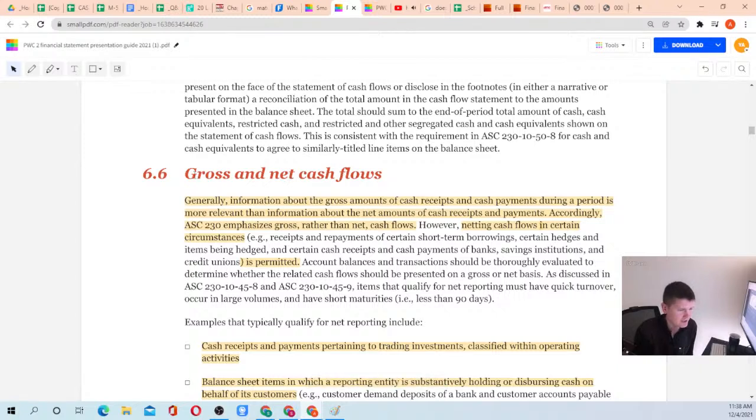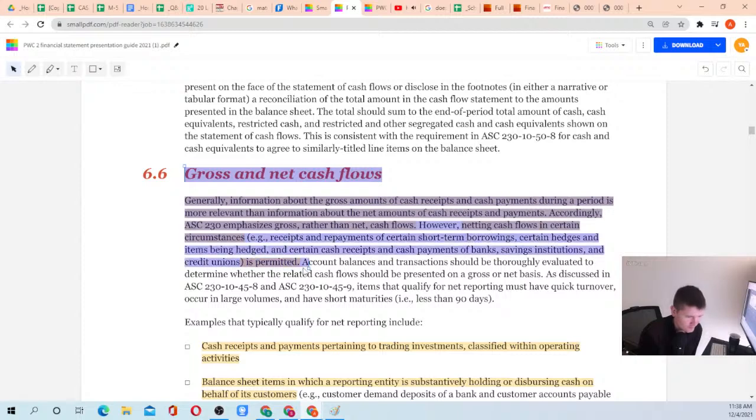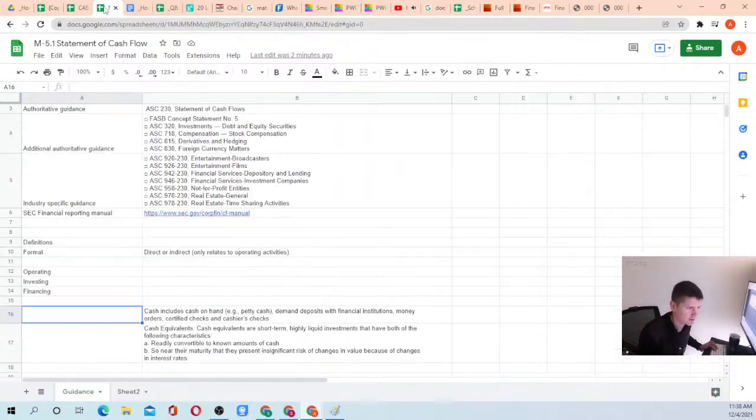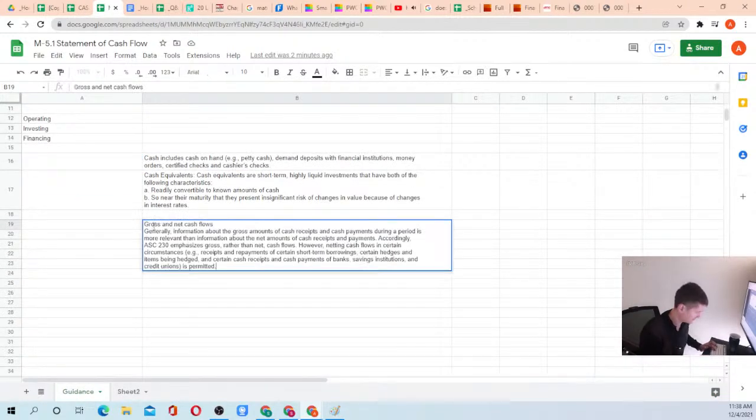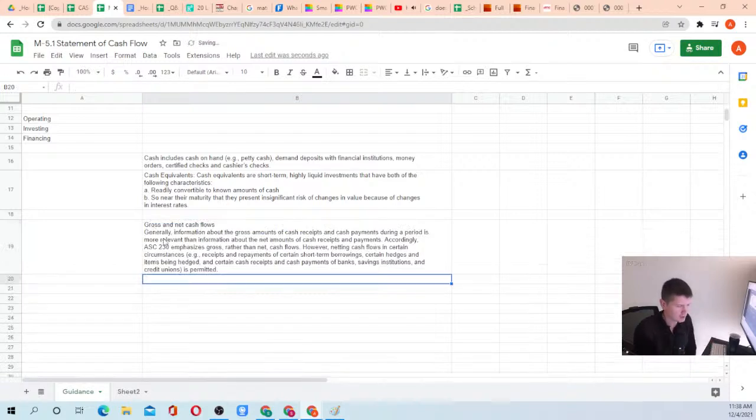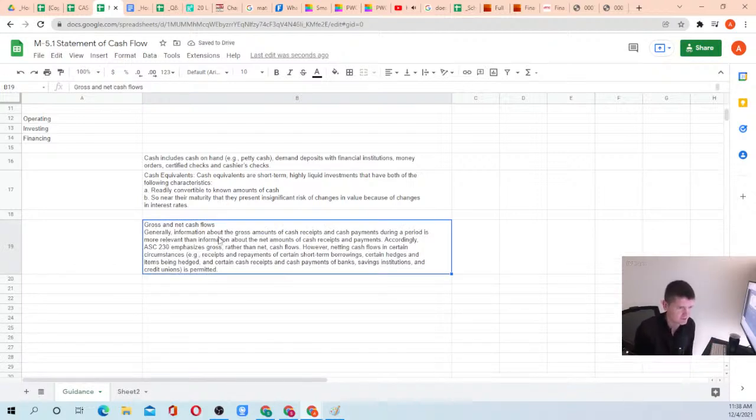Gross and net cash flows. That's important because overall you need to show cash flows on the gross basis, and there are only few exceptions available for the net presentation of cash flows.